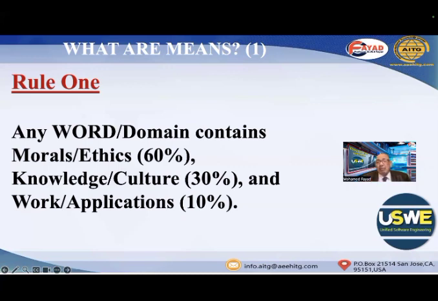Working applications, 10%. I'm going to explain that through the life cycles of what we do in software engineering. This is very important. The life cycle of software engineering must have, as I told you, morals and knowledge and culture too, because software made in one country is not appropriate for another country, believe it or not.